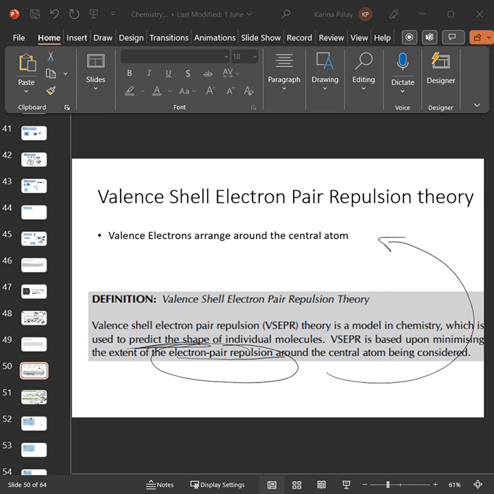Basically, this theory tells us how valence electrons want to arrange themselves around the central atom. That gives us a clue about how the molecular shape is going to look.